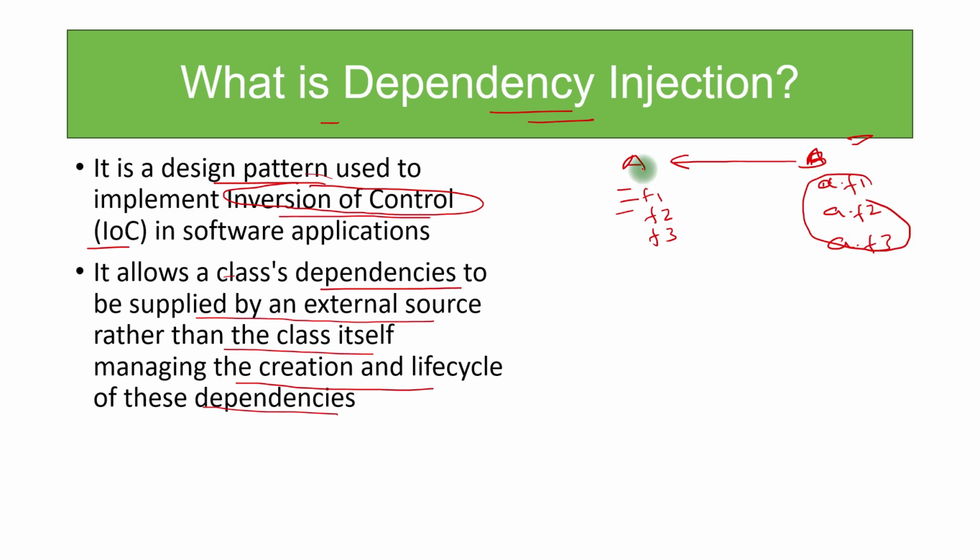Class B has an object of A, and it will call these functions directly. So how can B have the instance of class A? B can create it itself, because B is using the features of A. So B can directly create the object of A and start calling the functions of A, right?